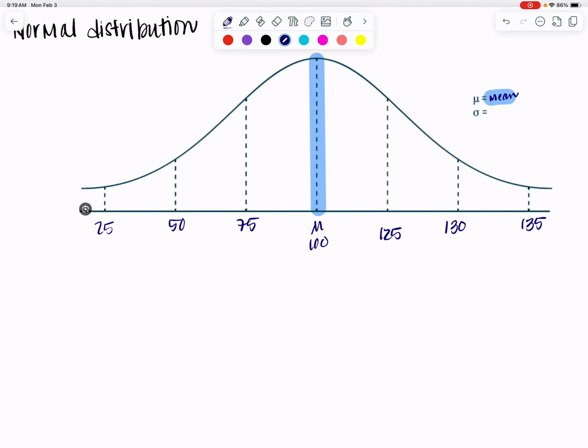Another set of numbers I just pulled out of the air. That means the mean, the number in the middle, the tallest line on that normal distribution would be 100, no matter what. So anytime you have a set of numbers applied to the normal distribution, the center number is always the mean, regardless of what it is.